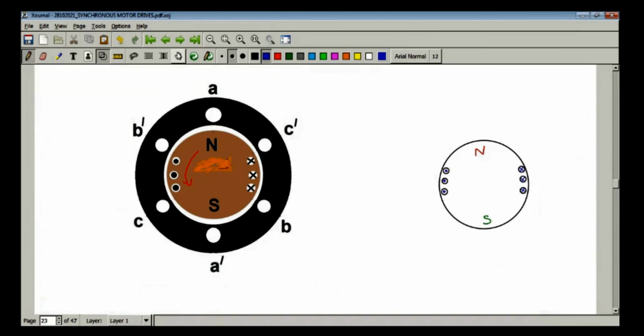Now, what is the direction of B? B means the magnetic flux density due to current carried by the field winding. Inside the magnet, lines of flux are from south to north. So this is the direction of magnetic field created by the rotor, BF. Now, assume that the rotor is stationary and coil side A is moving in the opposite direction.